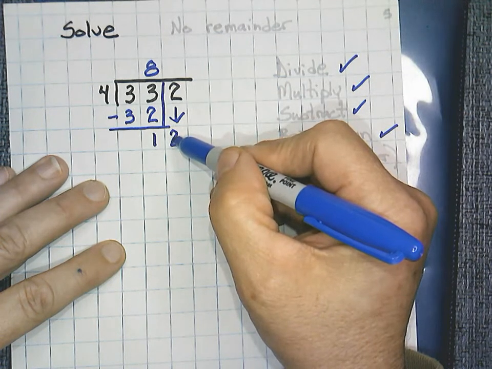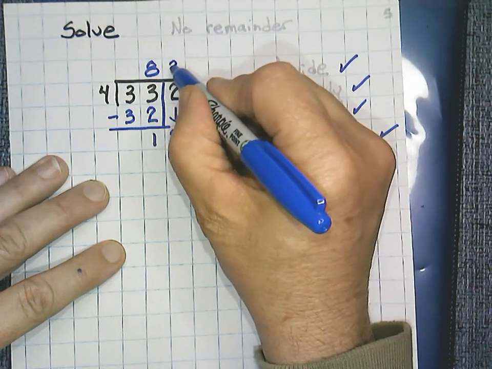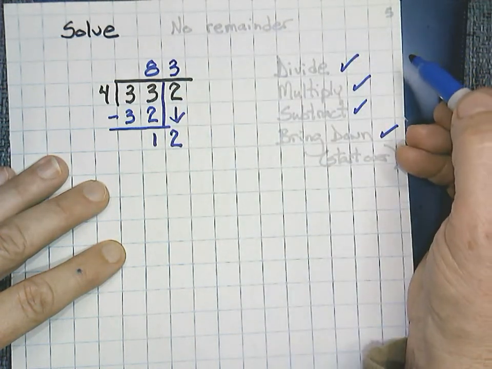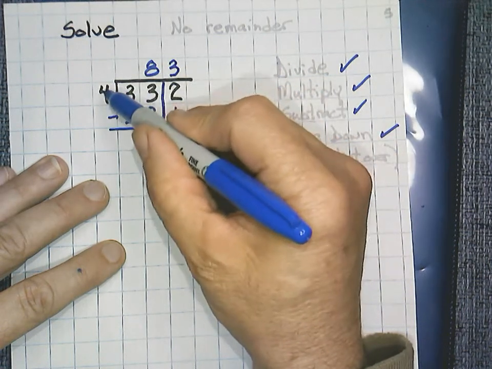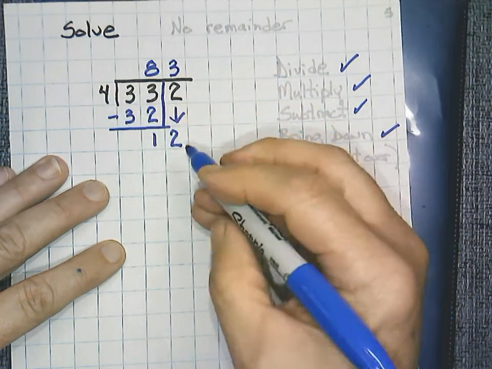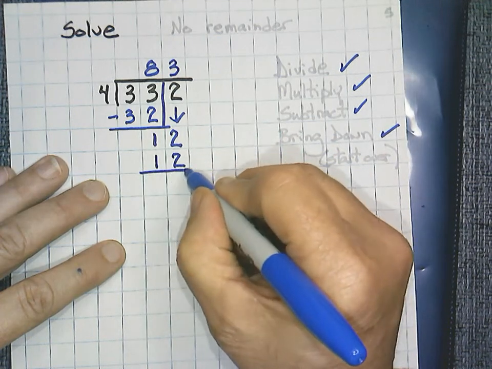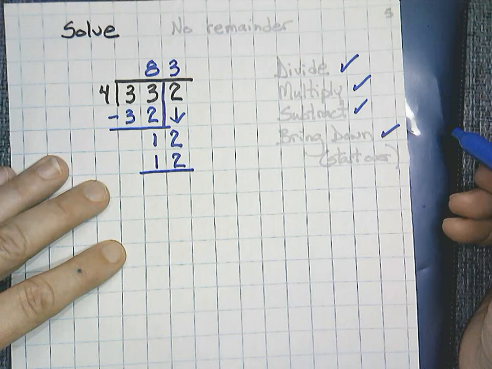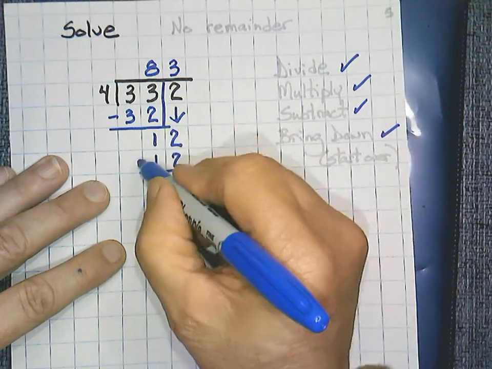12 divided by 4 would equal 3. Then I multiply. 3 times 4 is equal to 12. Notice that this time we got exactly to 12.